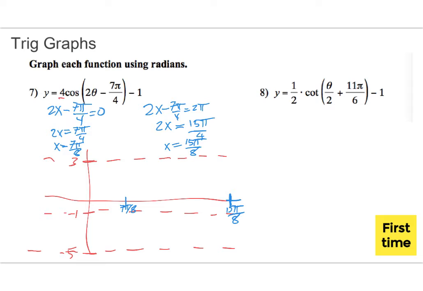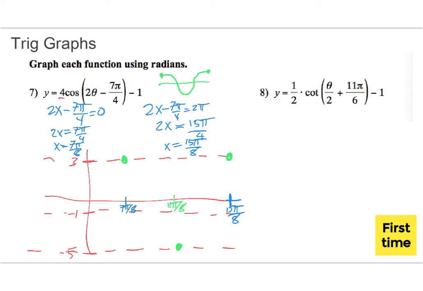All right, I know cosine, if it's positive, should look like this, where I have my beginning and end points at the top. Exactly in the middle of these two, going from 7 to 15, 11 pi over 8 is going to be in the middle. And then I'm doing the same thing, going exactly between these two.